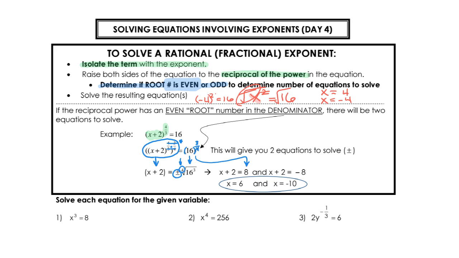But you have to remember it's going to be positive and negative 8. So we subtract 2 from positive 8, and that's how we get our one answer of 6. Then subtract 2 from negative 8, and we get our second answer of negative 10. If you're not sure that you're supposed to have both answers, you can always go back to the original and plug them in and double check things.